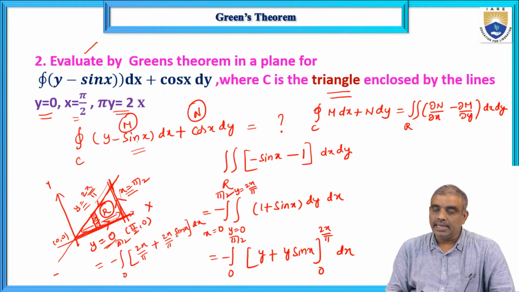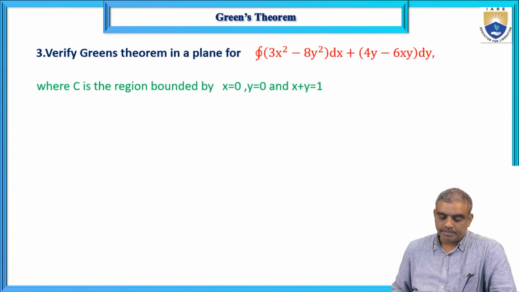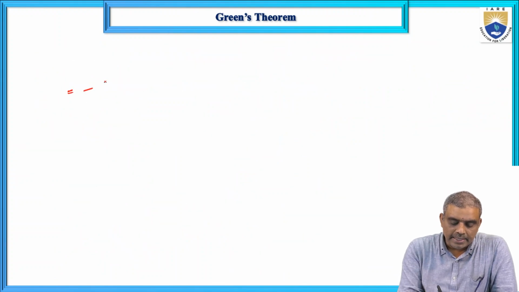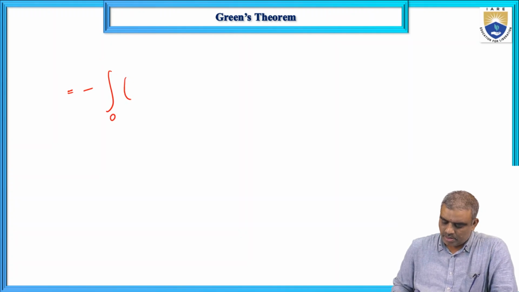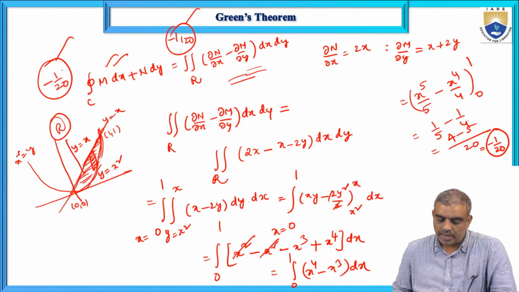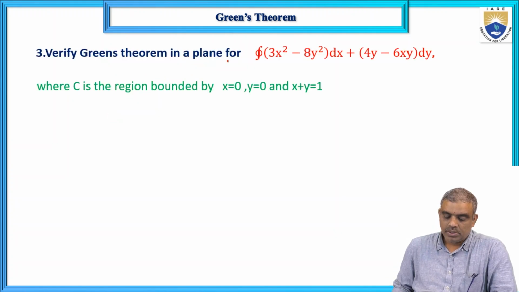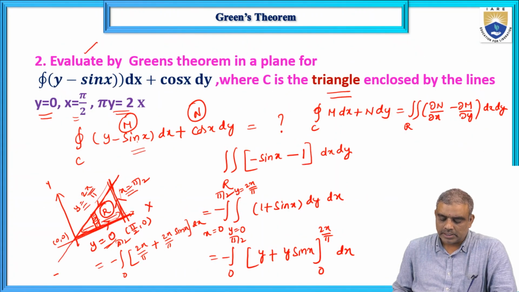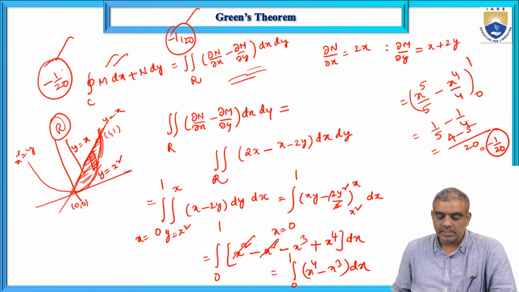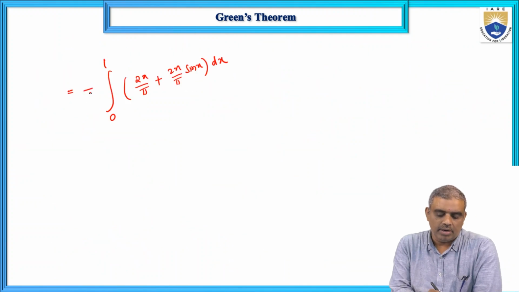Now integrate. On integrating, the first term gives 2 by pi times x square by 2. Now, minus the integral of 2x by pi plus 2x by pi sin x dx, and before that the minus sign is already there.